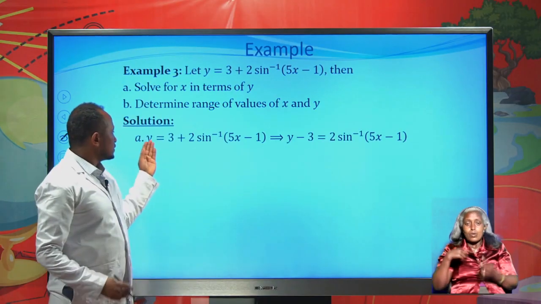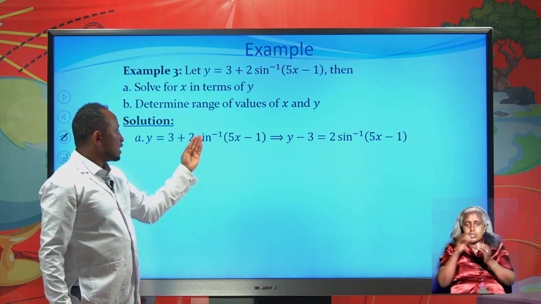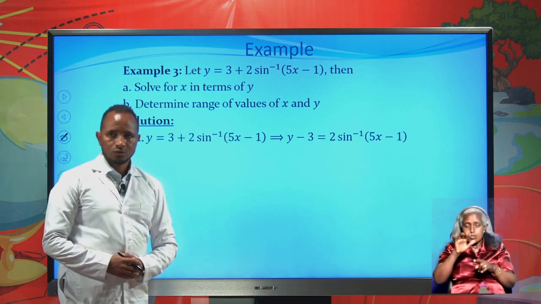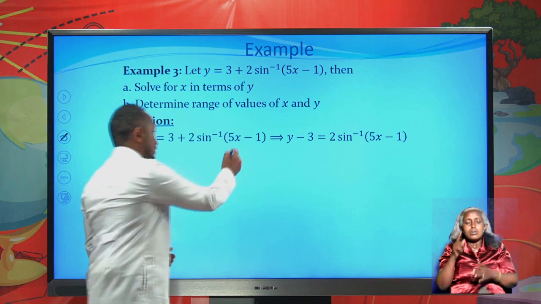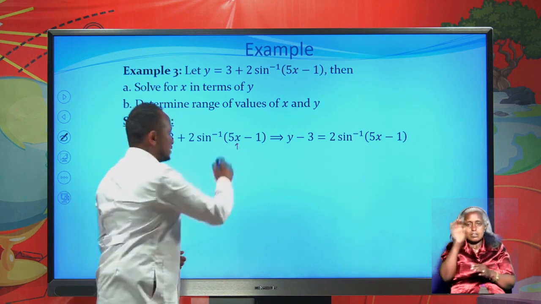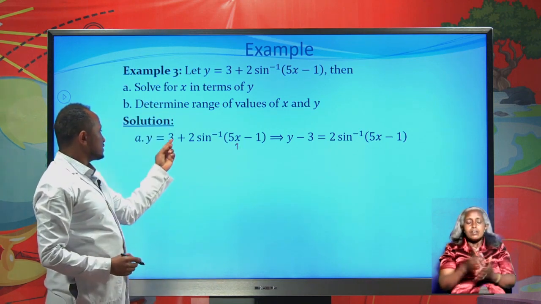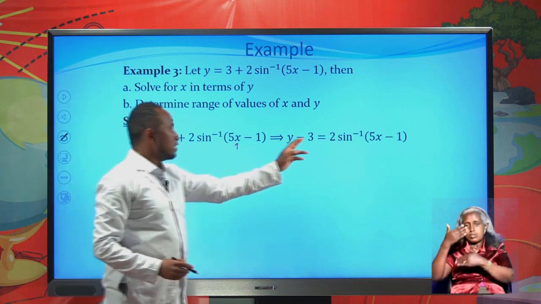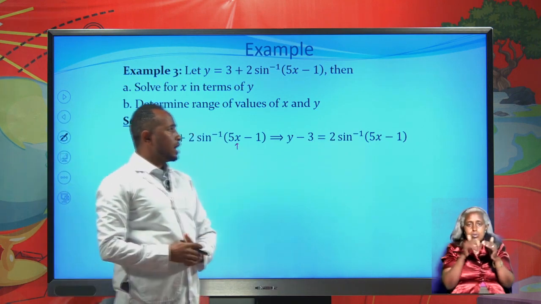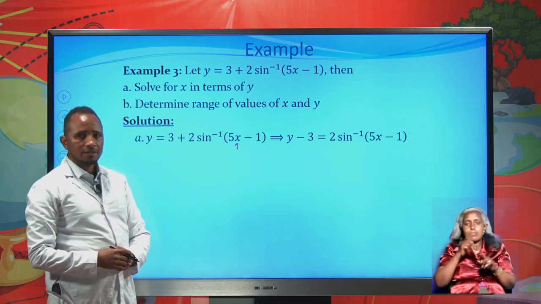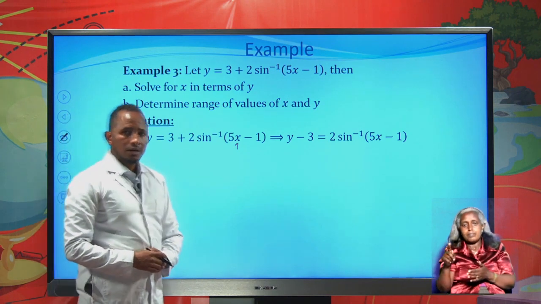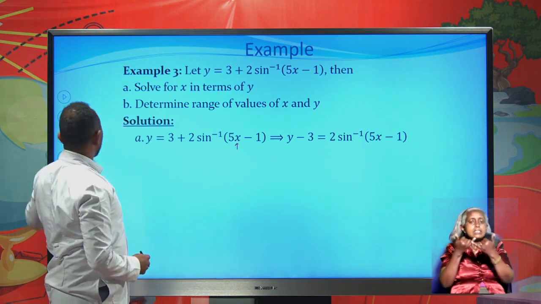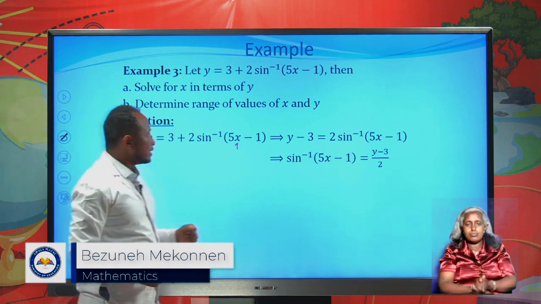We have y equal to 3 plus 2 sine inverse of 5x minus 1. We need to solve for x. So first take this 3 to this side. You have y minus 3 is equal to 2 sine inverse of 5x minus 1. And then divide by 2.